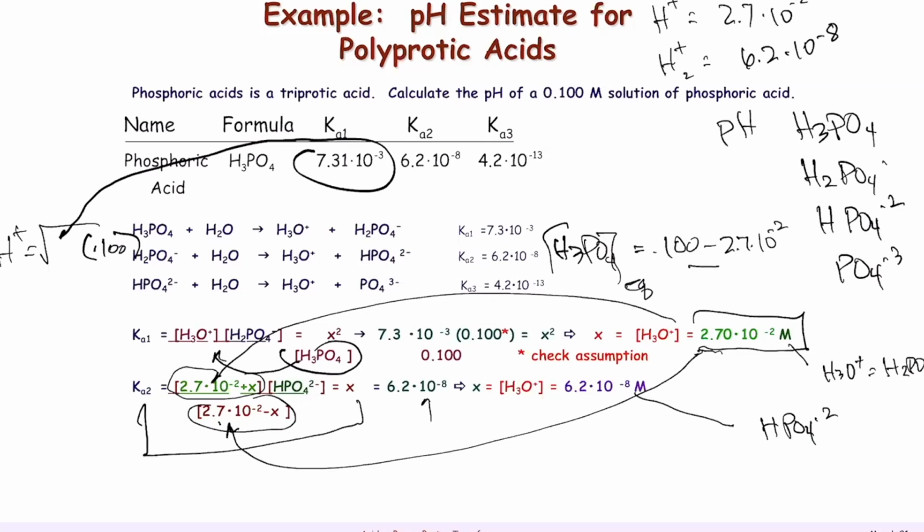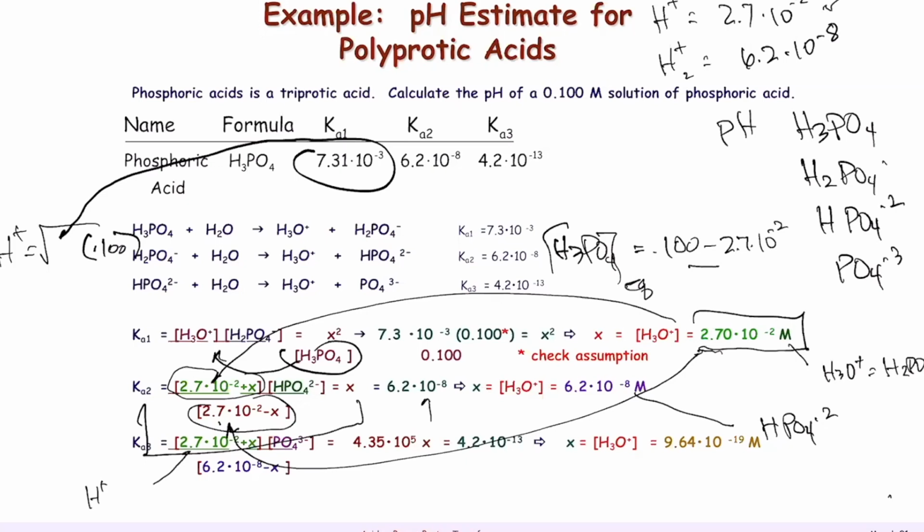I know I've got only about 5 minutes left, but I want to show you why these problems are not as difficult as you think. Let's take a look at the third equilibrium. Third equilibrium is that, and I apologize that I can't erase that. What you find out is this concentration right here is your hydrogen ion concentration, and it is based on the first equilibrium and the second equilibrium.